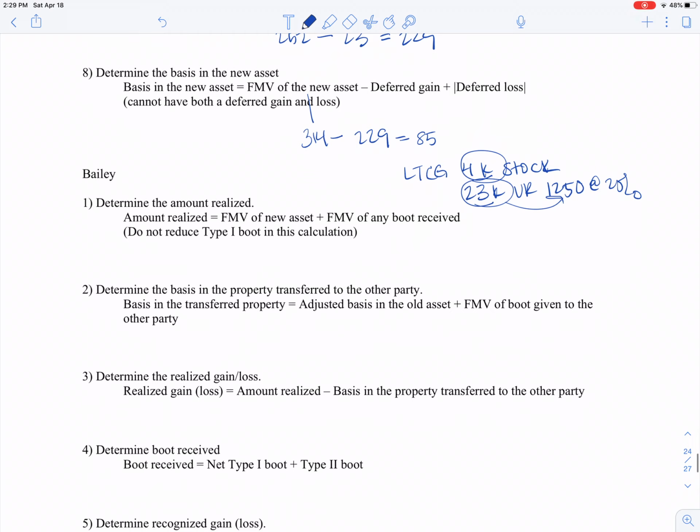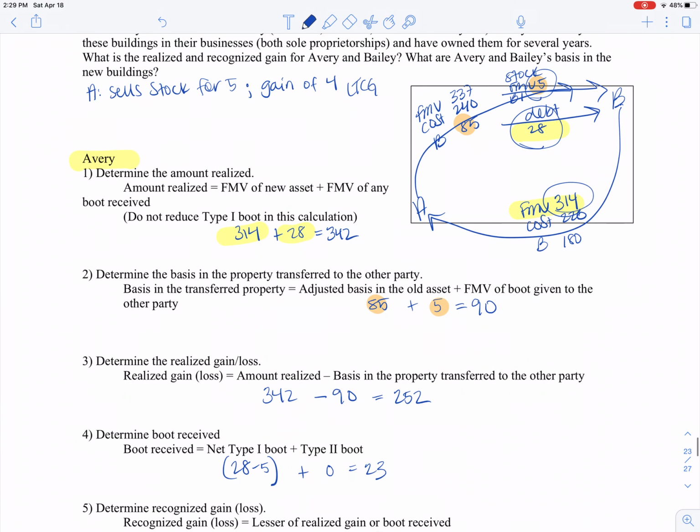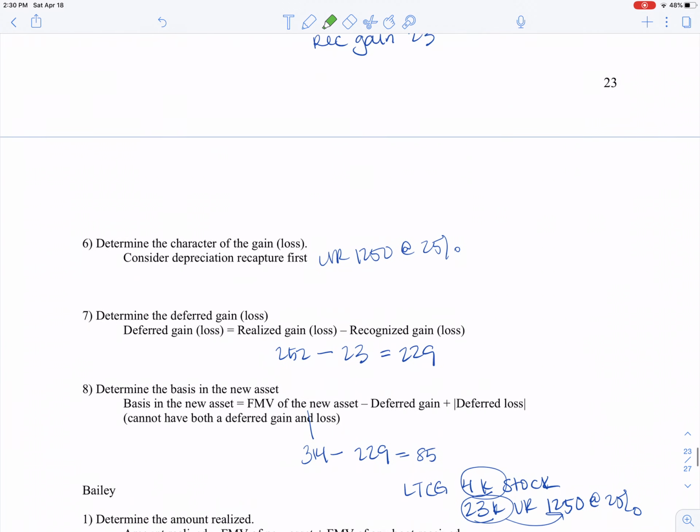All right, let's look at it quickly from Bailey's perspective. So from Bailey's perspective, the amount realized is the fair market value of the new asset. So if we come back up here, the new asset fair market value that she's getting is 337.